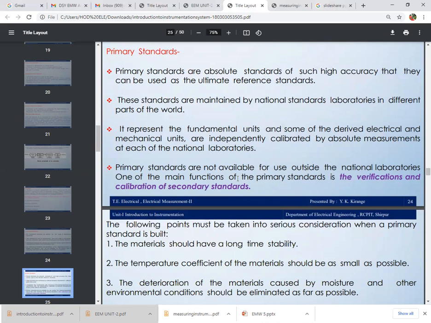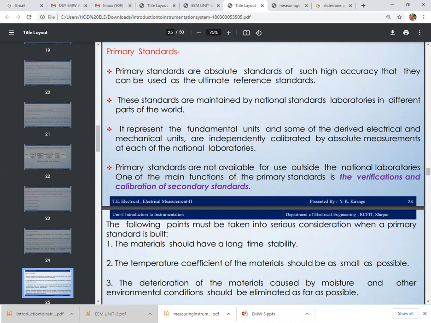These standards are used in standard laboratories in different parts of the world, and are maintained by national standard laboratories. These standards are not available outside the national laboratories.